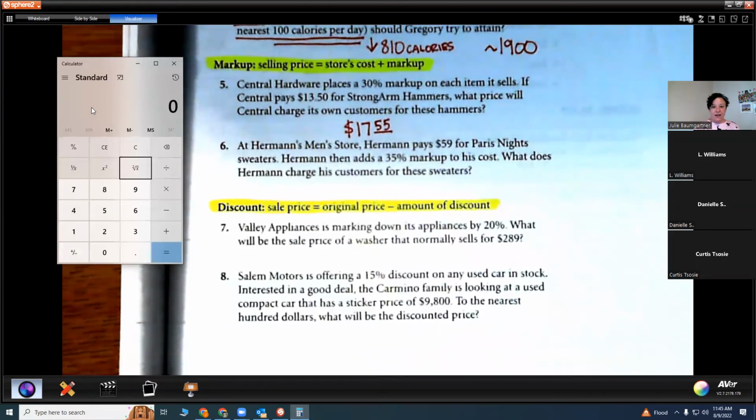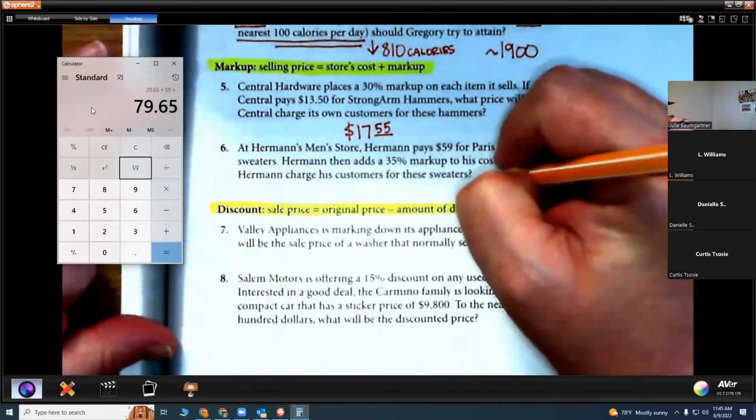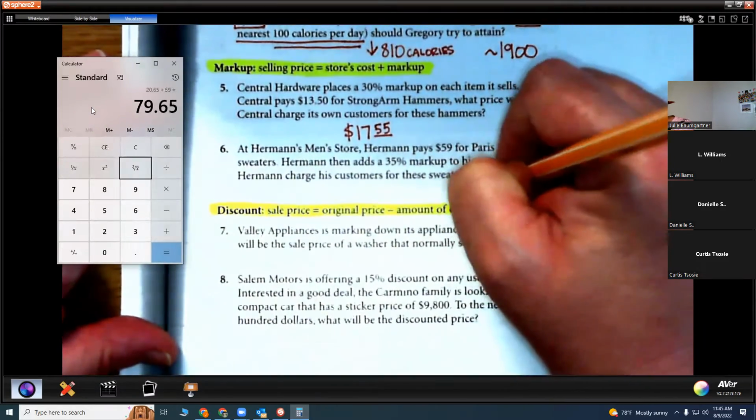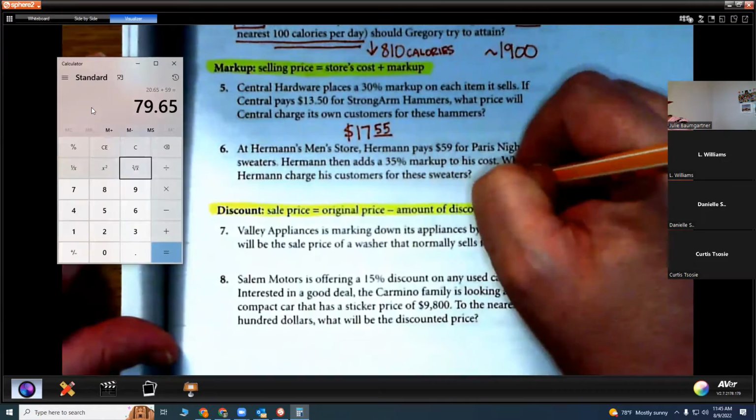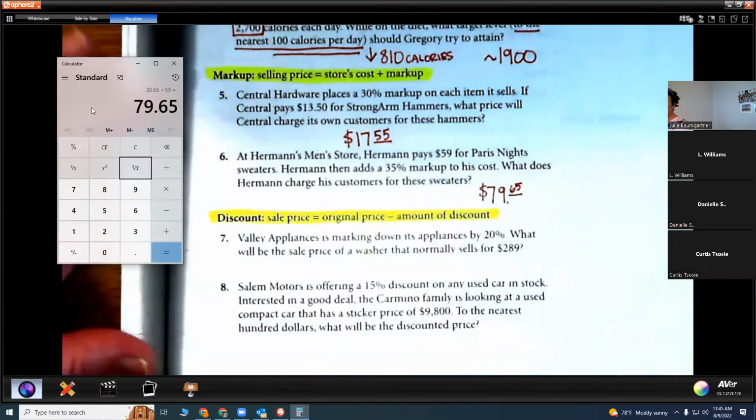So we've got a $59 cost times a 0.35 markup. So he's going to mark up the sweaters $20.65. So he will charge $79.65 for the sweaters.